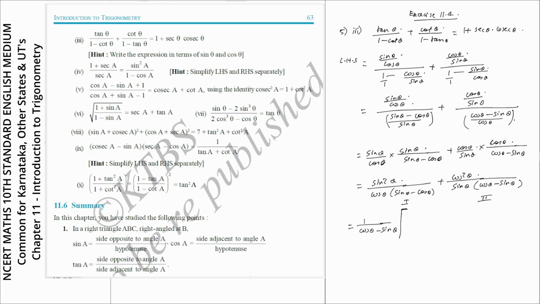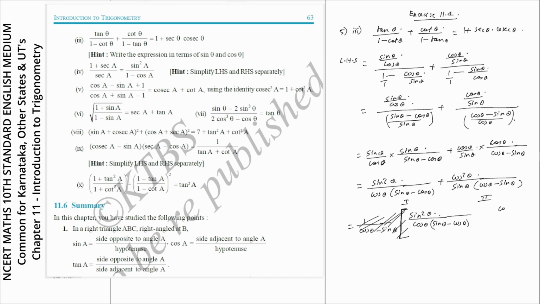So I'll take it separately. So I'm left with in the first term sin square theta by cos theta, and in the second term. So before this one more step I'll write because you'll get confused. So sin square theta by cos theta into sin theta minus cos theta is there. In the second term I'll make some small modification.